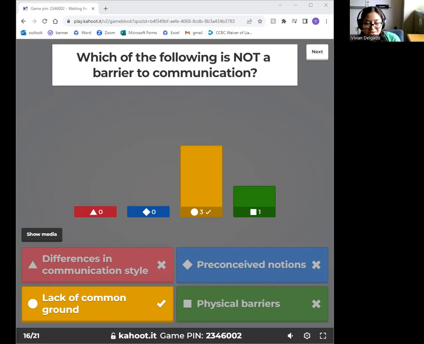But lack of common ground doesn't prevent communication from happening. It's simply two people not having shared experiences or knowledge. It might make the communication a little more difficult, but it doesn't really prevent communication from happening.